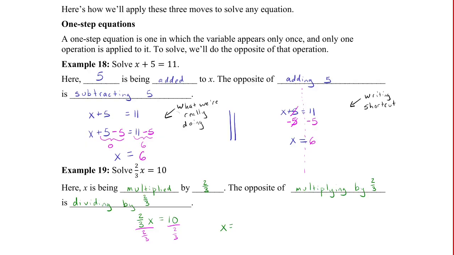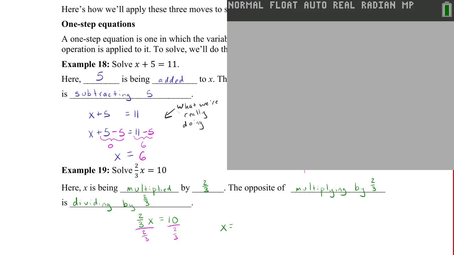We could do fraction arithmetic to work that out, or we could use the calculator. So we'll take 10 divided by, in parentheses, entering 2/3 as 2 divided by 3, and we get that that is 15. So we get the solution x equals 15 to this equation.